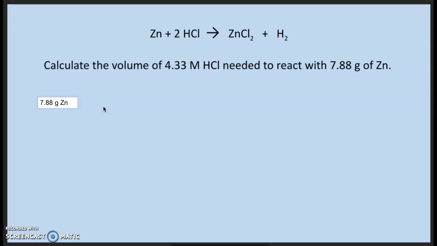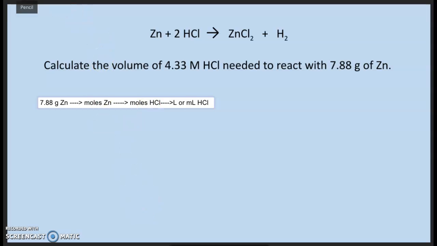We're going to turn that mass using molar mass to figure out the number of moles of zinc. We're going to convert that number of moles of zinc to moles of hydrochloric acid using the balanced chemical equation. And then we're going to turn that number of moles of hydrochloric acid into liters or milliliters of hydrochloric acid.